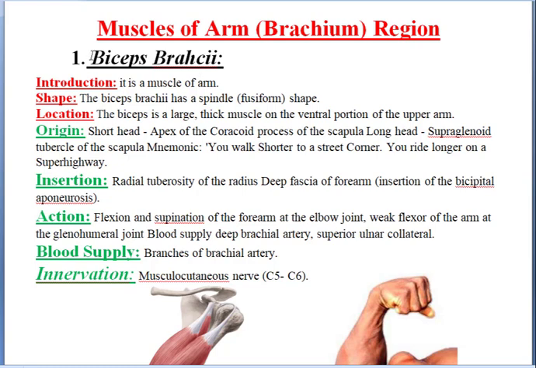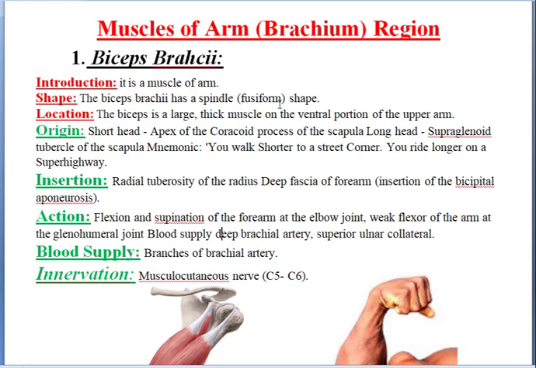Now in the anterior compartment muscles of the arm, the first muscle is the biceps brachii. So let's introduce it. This is the muscle of the arm region, in the anterior compartment of it. Its shape is spindle, fusiform shape.